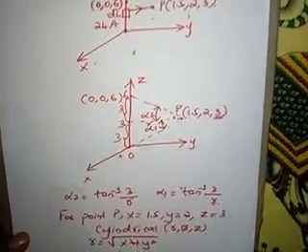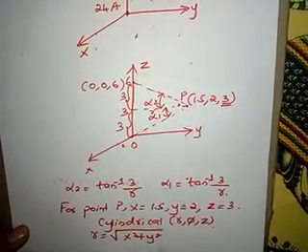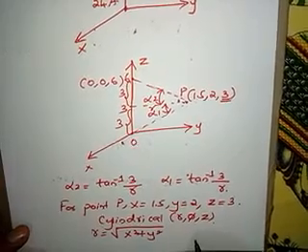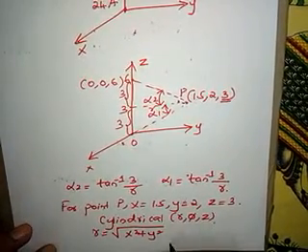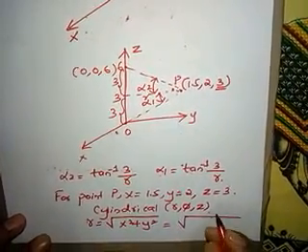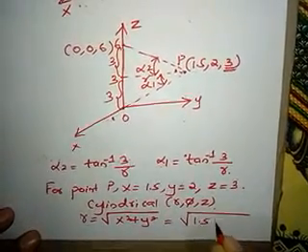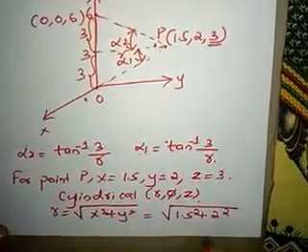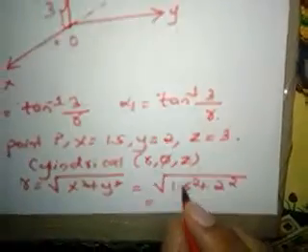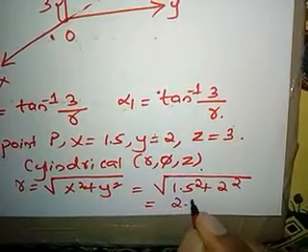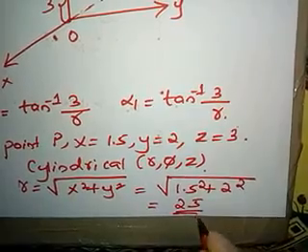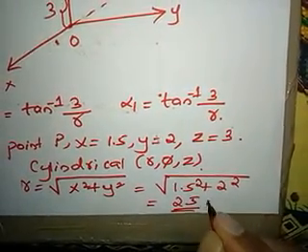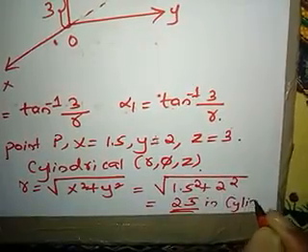So substitute the values of x and y: square root of 1.5 square plus 2 square, that comes out to 2.5 in cylindrical system.